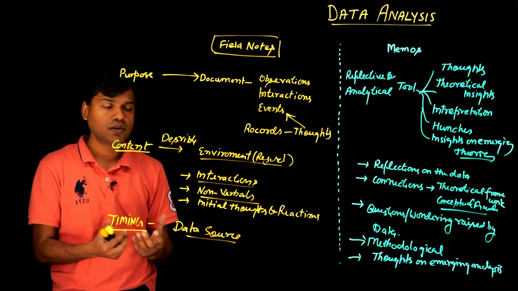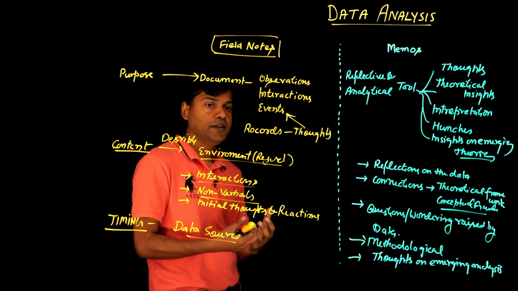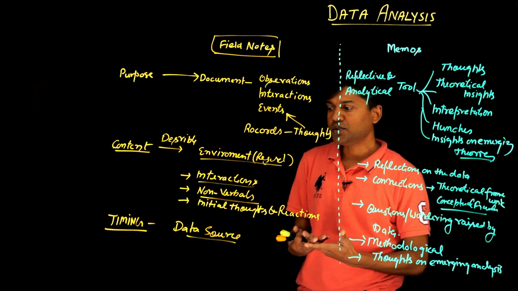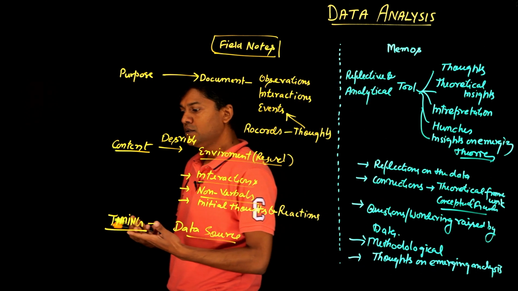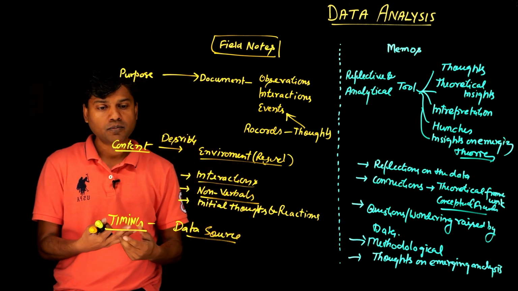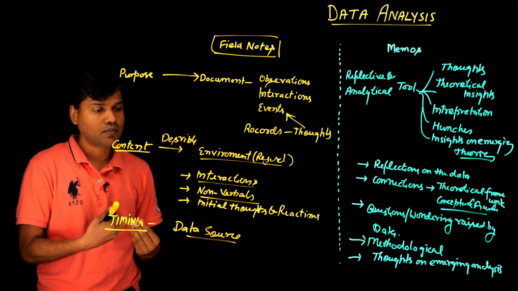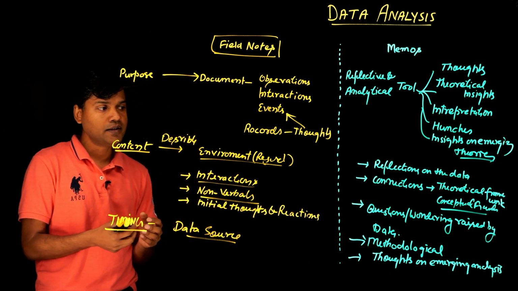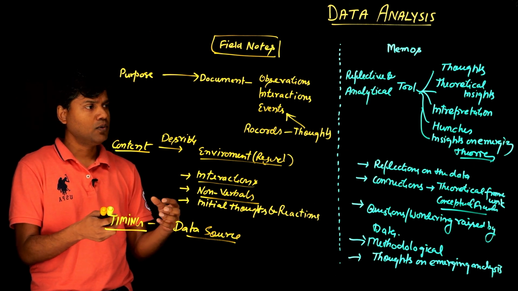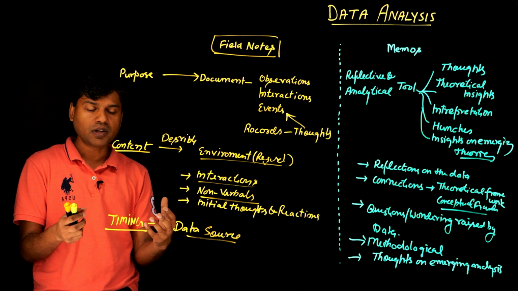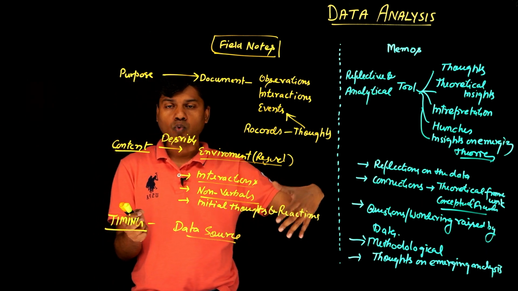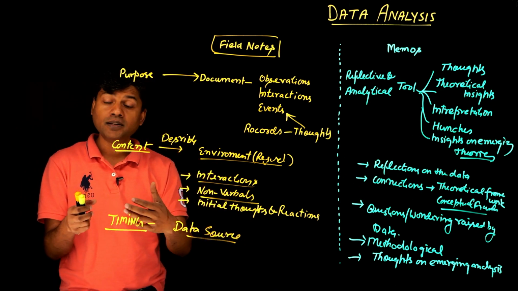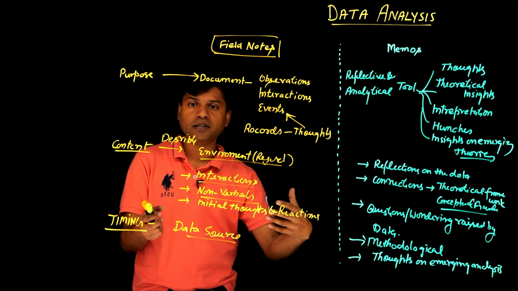Memos are a place for reflecting on what is emerging from the data, a place for reflecting on why you are making decisions in terms of selection of a code, in terms of what categories you should select for further analysis, how a theoretical framework can be integrated in what is emerging from the data, how a conceptual framework is related here or can be integrated here in the data.